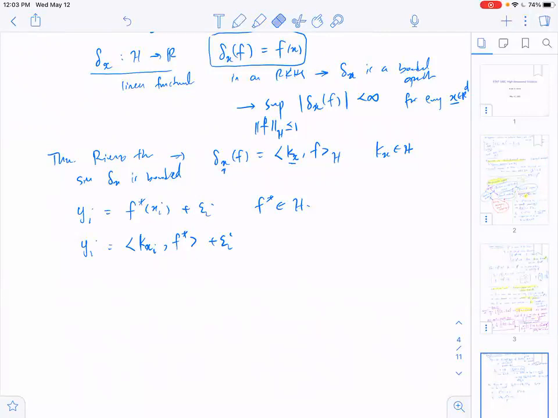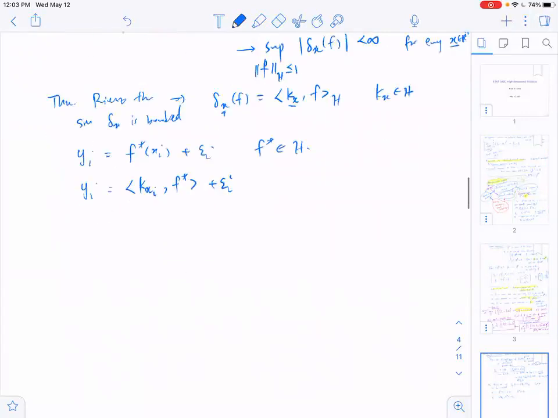We just turned the evaluation into an inner product. It's not good to write it as a transpose, but I'm going to write it as a transpose.